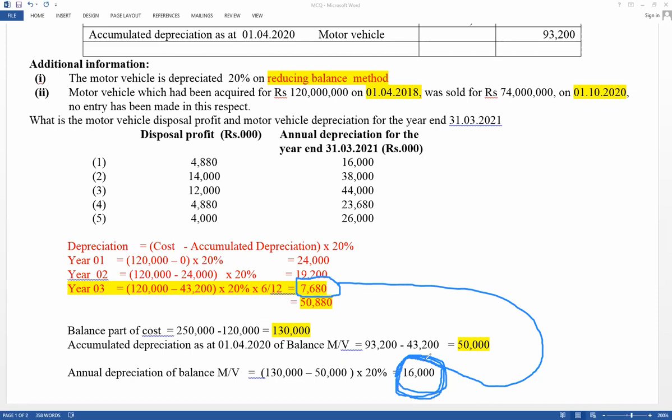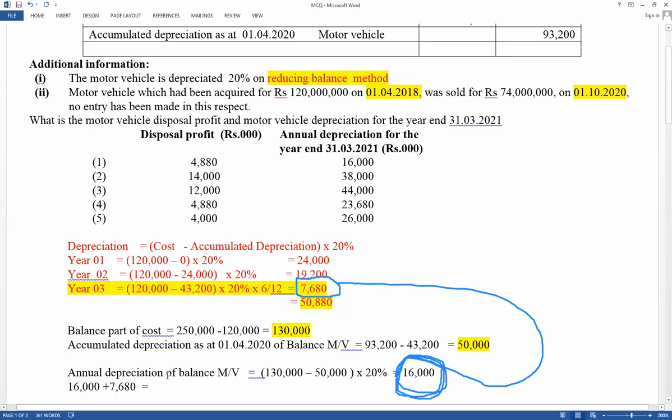Therefore, depreciation expense equals 16,000 plus 7,680. Take the total value: 16,000 plus 7,680.